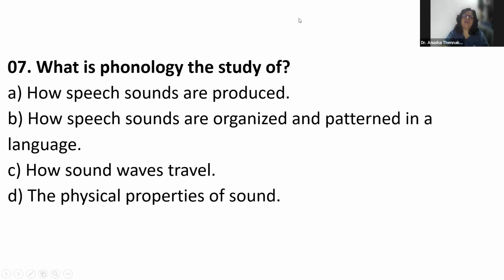What is phonology? The study of what? Very easy things. We just learned them.